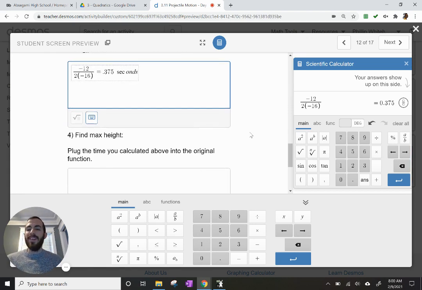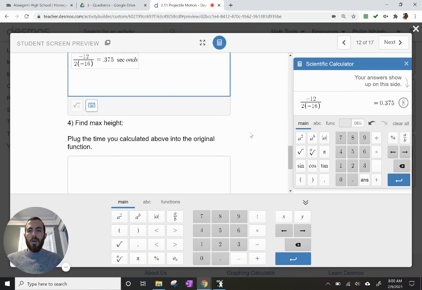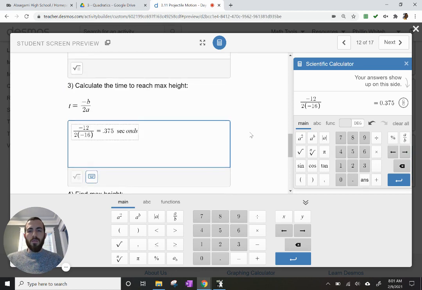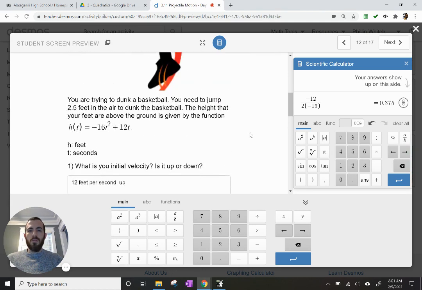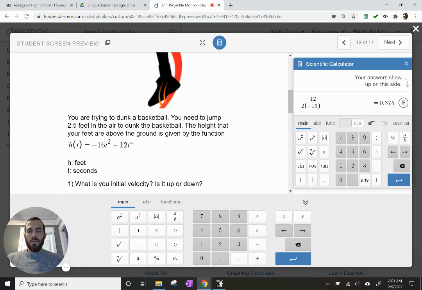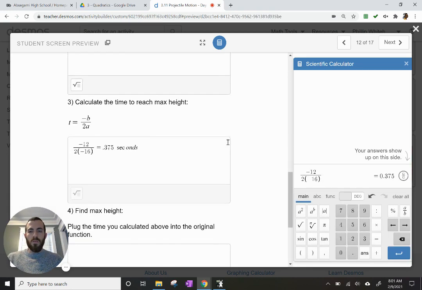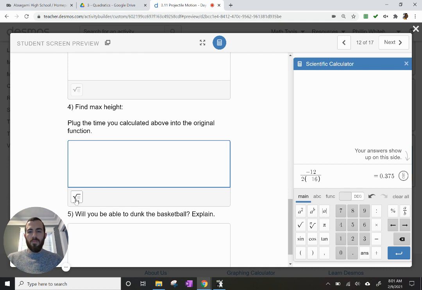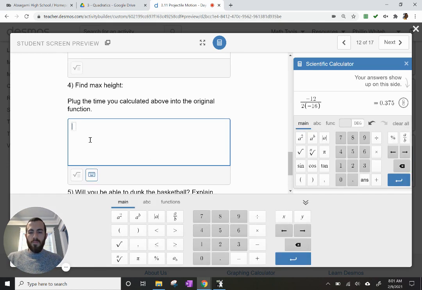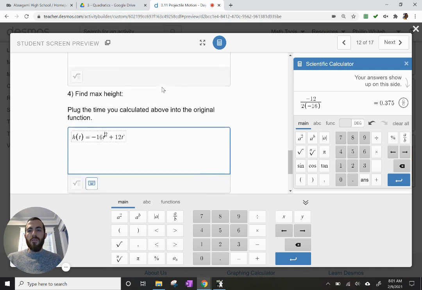Now to find the max height, same as max revenue, we calculated the time to get there. Now we plug it in. So let's take the original equation. I'm going to replace the t's with 0.375.